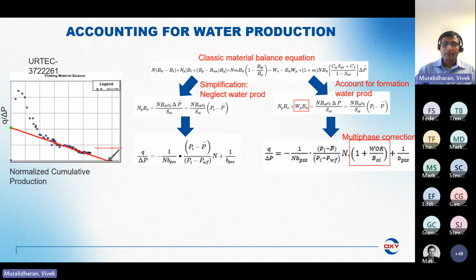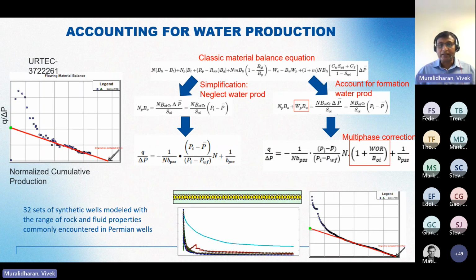The way we tested that using simulation is we took about 32 synthetic cases with wide ranges of properties which are very common to the Permian Basin. We have changes in saturation, initial pressures, and porosity, all those different properties that give a general sense of the Permian Basin reservoirs.